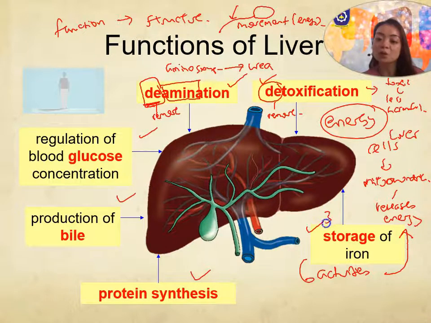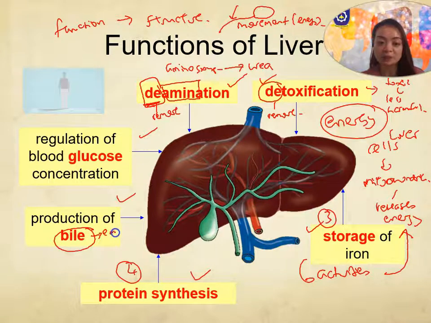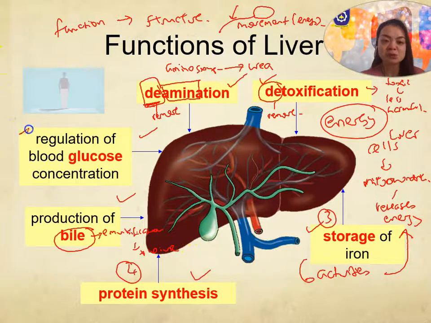The liver is also involved in the storage of iron. It's involved in making proteins as well. Alright, definitely you know what bile is, right? Bile is involved in the emulsification of fats so that you can increase surface area to volume ratio for faster digestion by lipase. And last but not least, it is involved in blood glucose concentration.